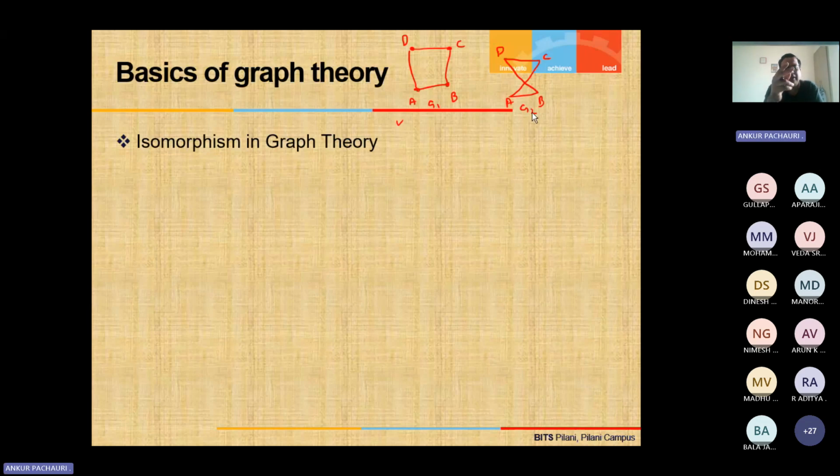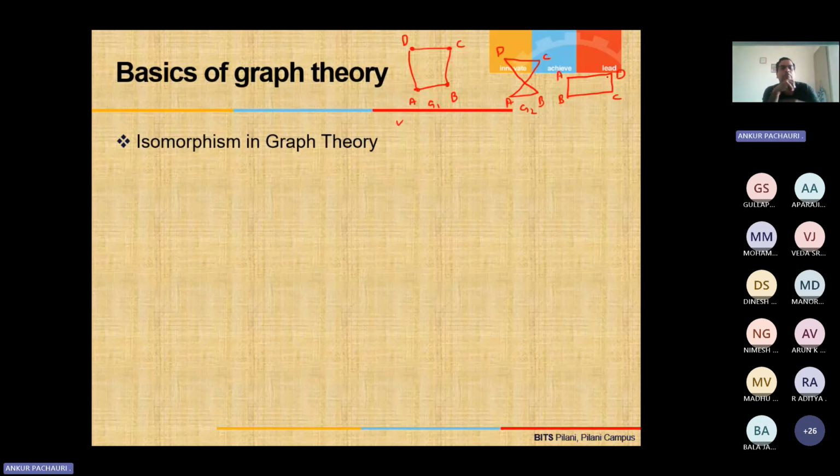The naming I've used follows the same flow ABCD, but G1 and G2 are the same graph with a different orientation. Even this one: if this is a rectangle, either a horizontal rectangle or a vertical rectangle, it means the same.